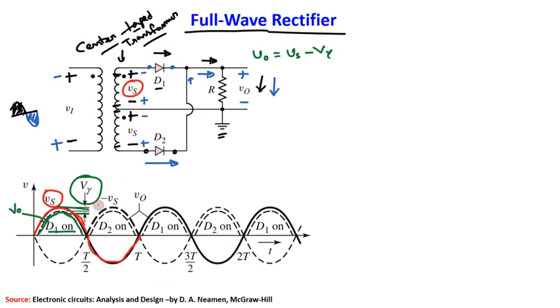So here also we will get one output which is like this, right? Again here, what will be the difference between this Vs and V output? That will again be V gamma, because now there will be a voltage drop of V gamma for this diode, isn't it?